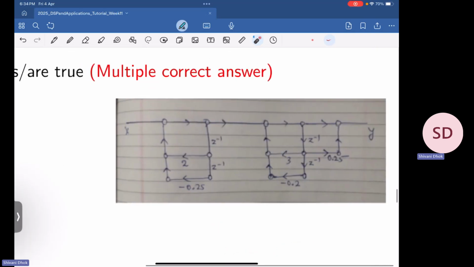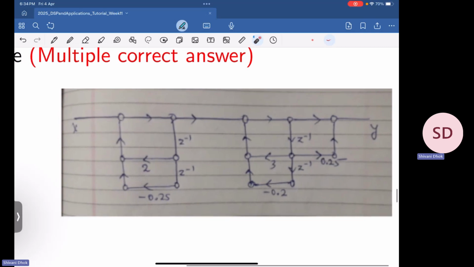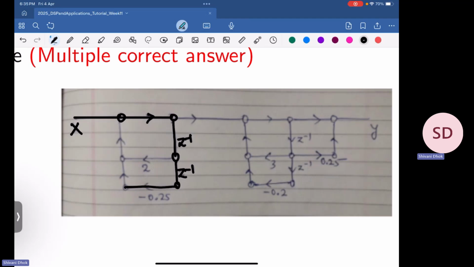What I'll do is I'll just zoom it and overwrite this with a thinner pen so that it's readable. So we have x here. This x goes like this, then it gets delayed, z inverse. We have a z inverse here, then we have minus 0.25 here.